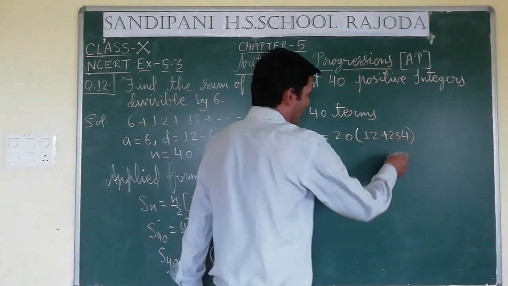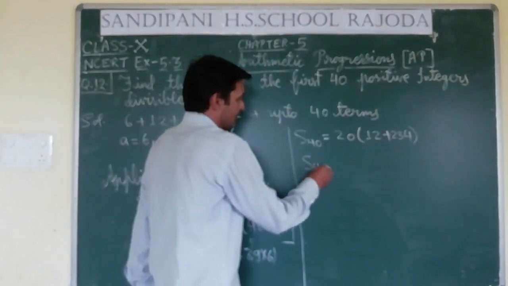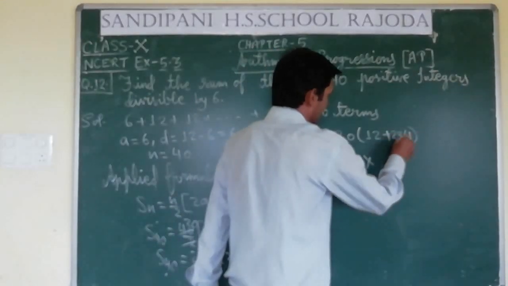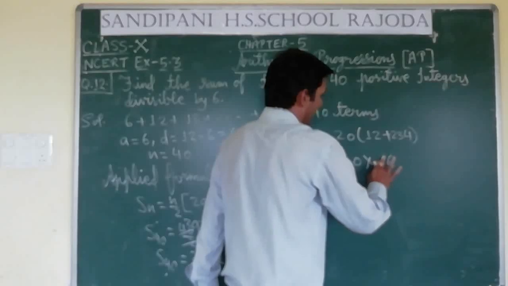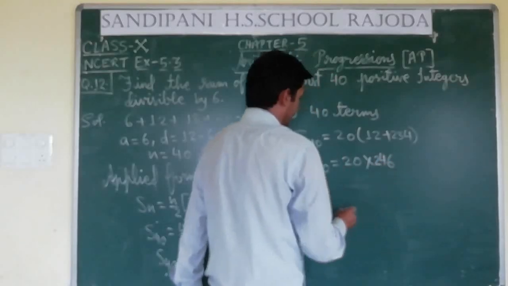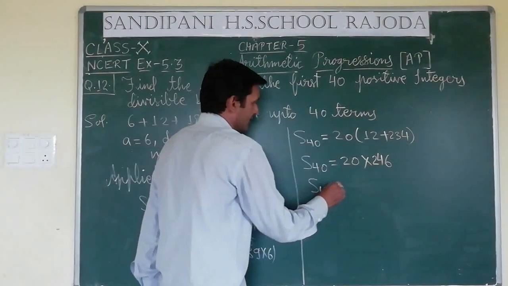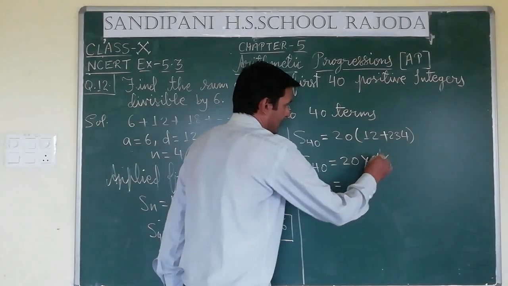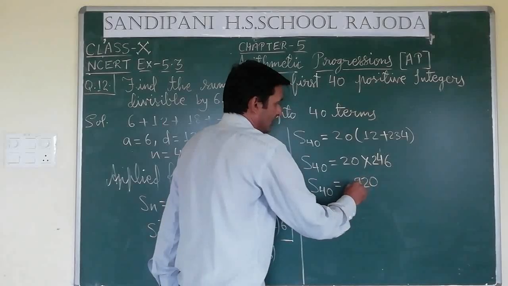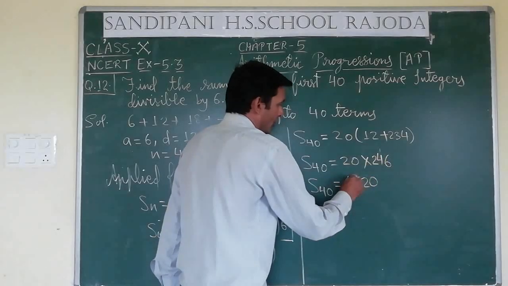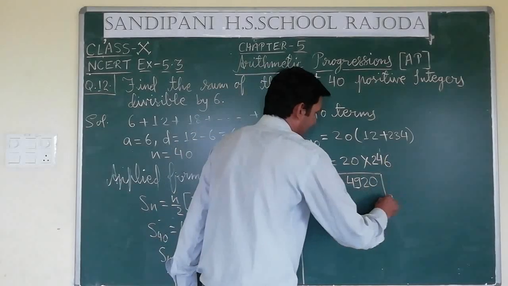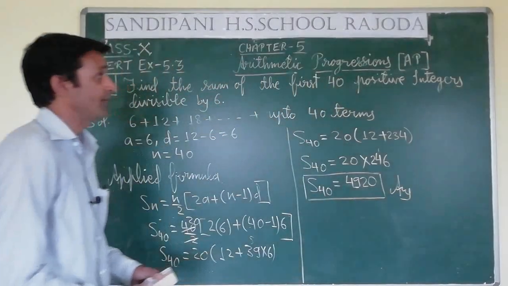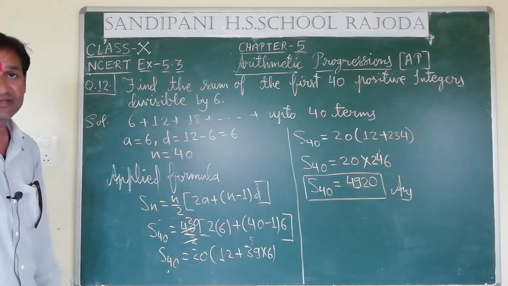So 234 plus 12 is 246. The sum of 40 terms is equal to 20 into 246, which is 4920. So 4920 will be the sum of the first 40 positive integers which are divisible by 6.